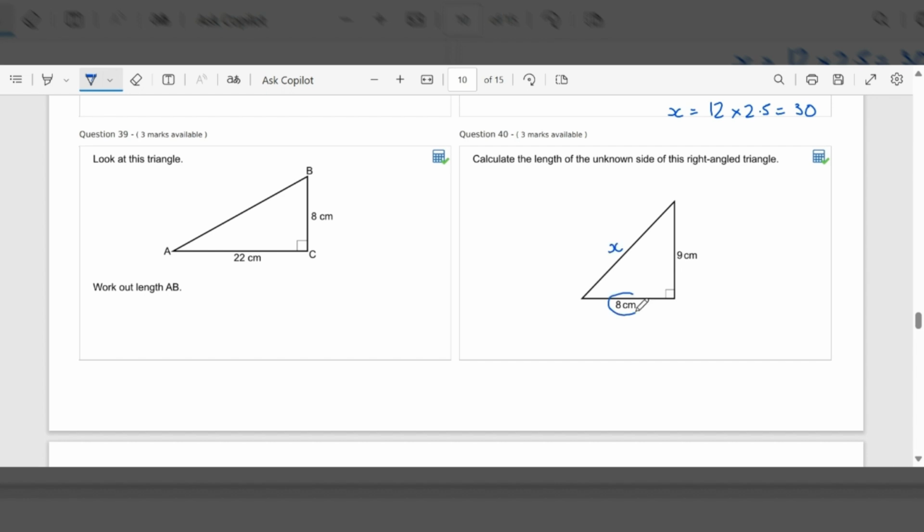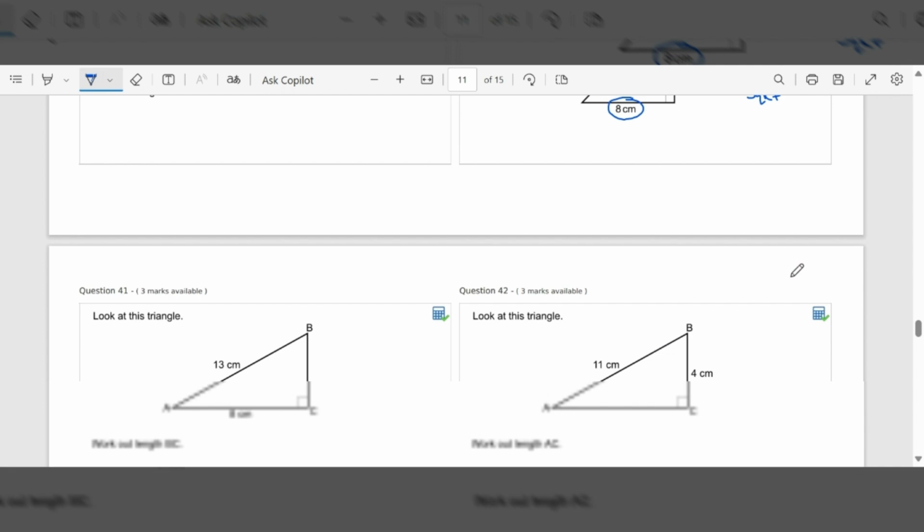If you know 2 sides and you want to find the third side, then it's Pythagoras' theorem. In this case, if the missing side is the hypotenuse, the big side, then we will use square, square, add, square root. I might try one of these.